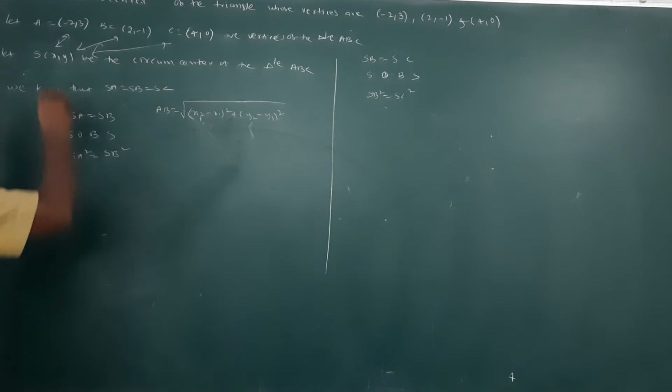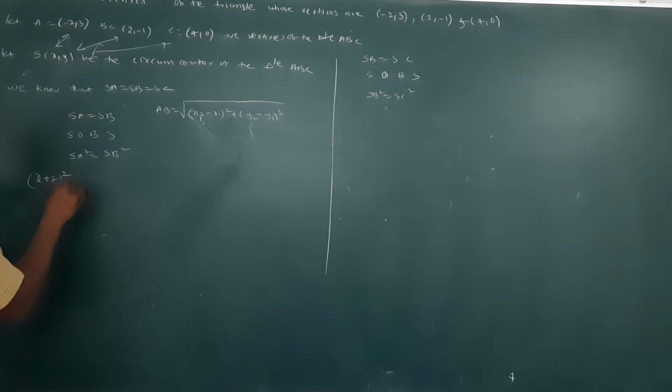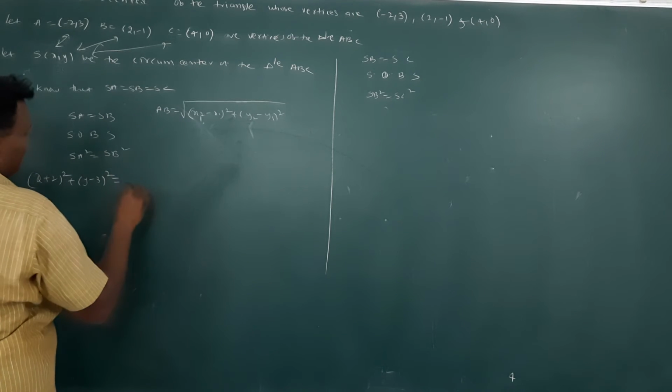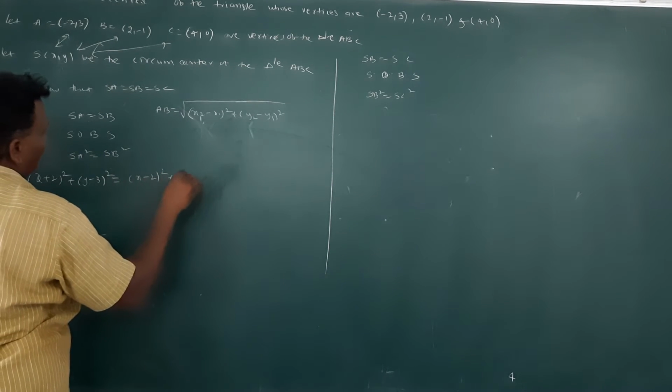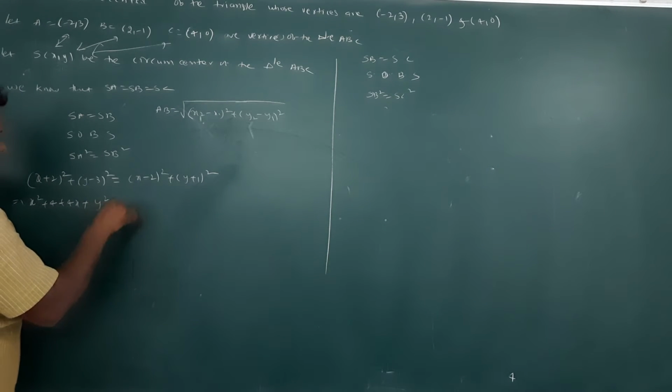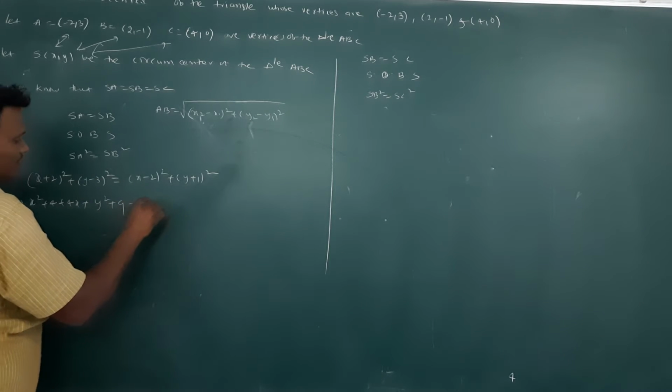SA is the distance between S and A: (x plus 2) whole square plus (y minus 3) whole square is equal to SB: (x minus 2) whole square plus (y plus 1) whole square. (a plus b) whole square is a square plus b square plus 2ab: x square plus 4 plus 4x, y square plus 9 plus 6y.